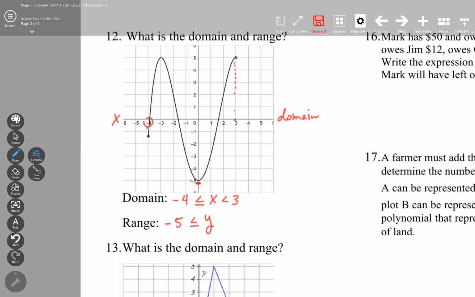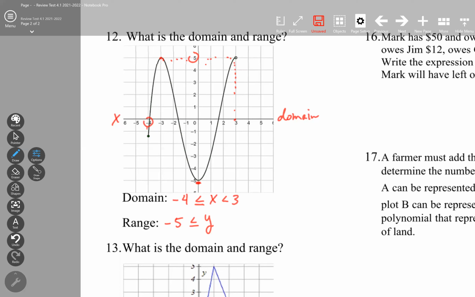And then we're going to look, okay, where are the highest points on our graph and where do they cross the y-axis there? Like what's their y value at those points? So you can see it goes all the way up here, like this is the highest point. And so is this guy here, right? Our open circle. And what y value do both of those have? They both have that y value of 5.